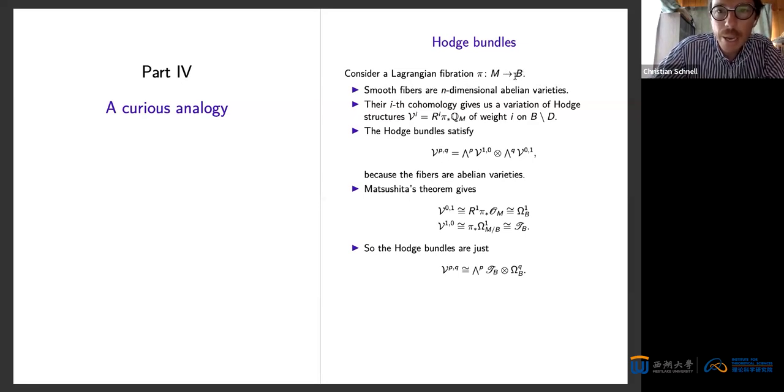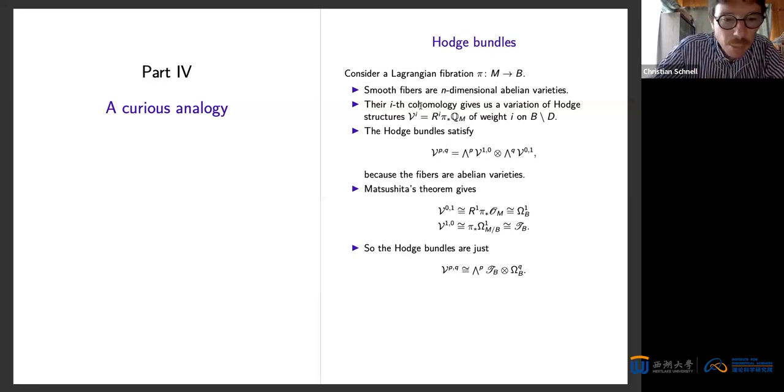So what I get in this way is that on the set B minus D, the subset of B where the fibers are smooth, the cohomology groups of these abelian varieties give us a variation of Hodge structure, right? Because the cohomology of an abelian variety has a Hodge structure of weight i, and so the ith cohomologies fit together into this local system, R^i pi lower star of Q. I will call that V^i for variation, and this is actually a variation of Hodge structure of weight i.